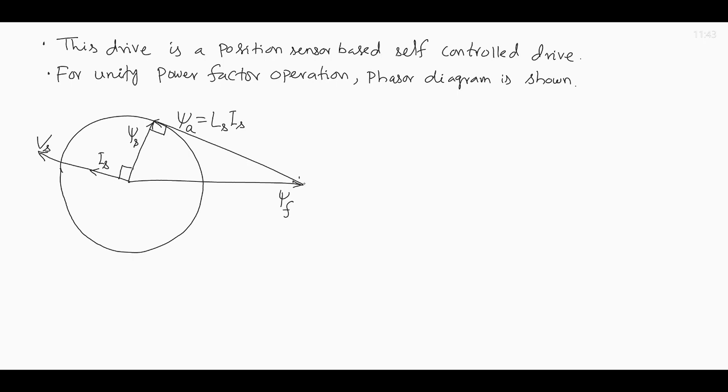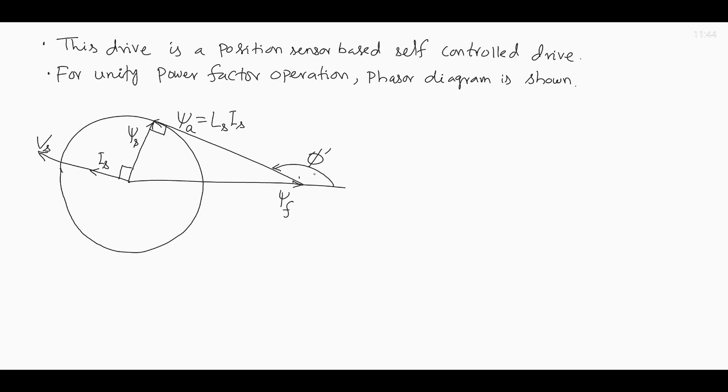Now, this is the angle phi dash that is to be controlled. It is also the phase angle of the stator current Is, because psi a and Is are in the same phase.